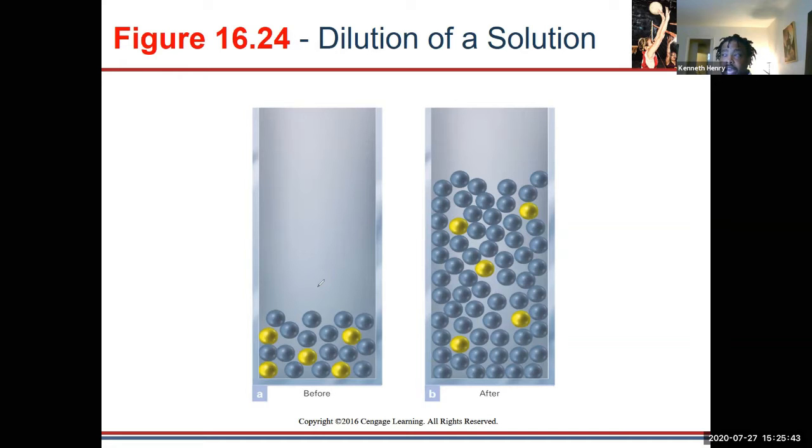When we dilute the solution, how many yellow things do we have? Still 5, right? So quantity-wise, it's still the same, but concentration-wise, it's different. Do you understand? Piece of cake, right?